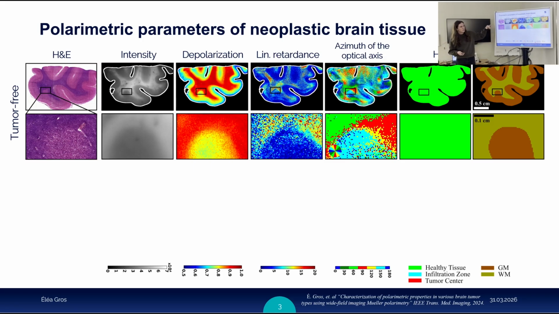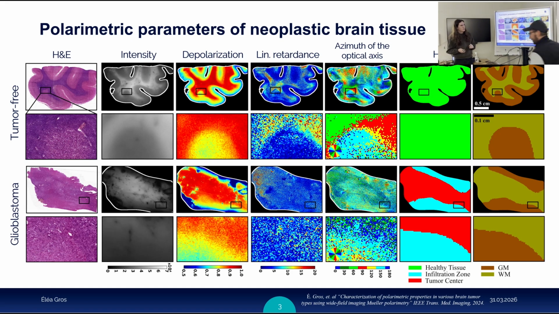Here you can see a tumor-free sample. We have different parameters. I will not go too much into detail, but in the retardance we have higher values in the white matter, and we have low noise in the azimuth of the optical axis, which represents the orientation of the fibers in the tissue.